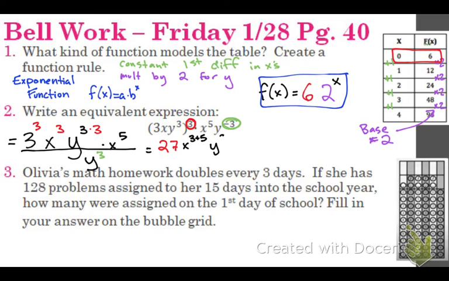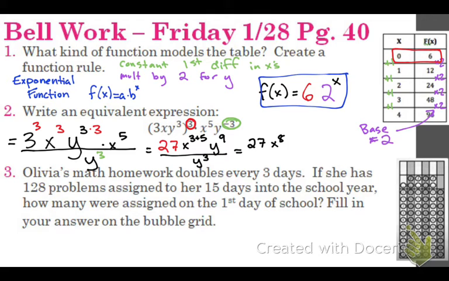Then we have y, and we'll do that simplification to have y to the 9th. And we still have y cubed on the bottom. Let's do one more step to simplify that further. We'll bring that 27 over. X to the 3 plus 5 is going to be x to the 8th.